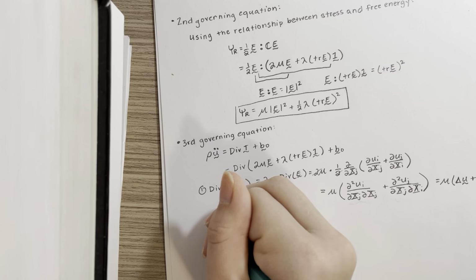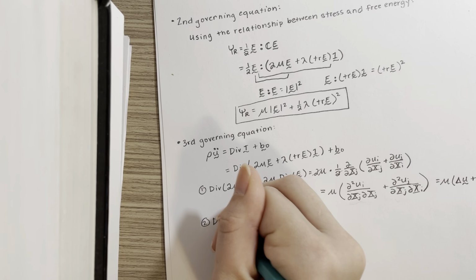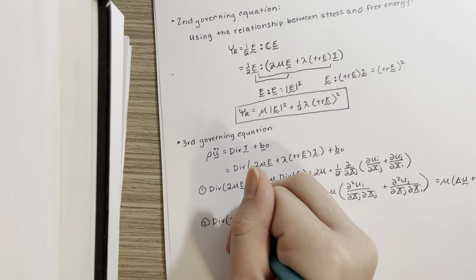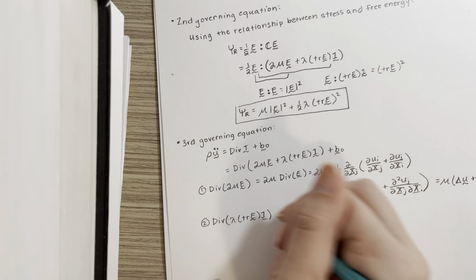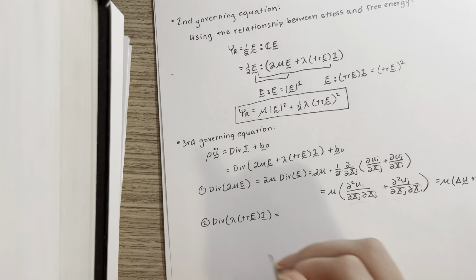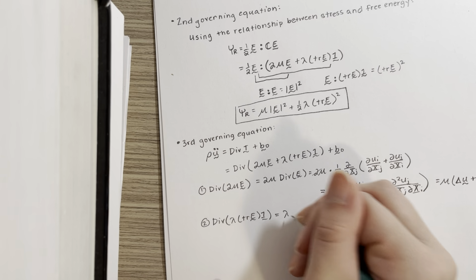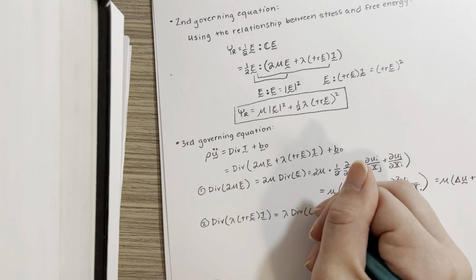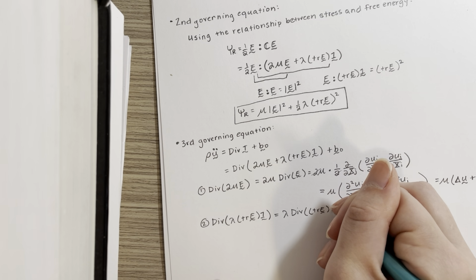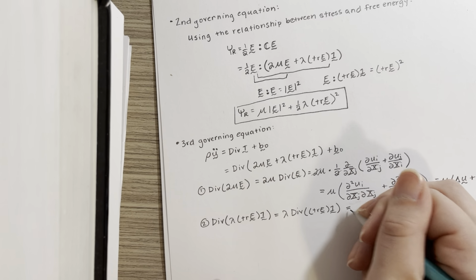So now we also have to consider the divergence of lambda times the trace E times the identity tensor. So again, we can pull out lambda so that we just have the divergence of the trace of E times the identity tensor.